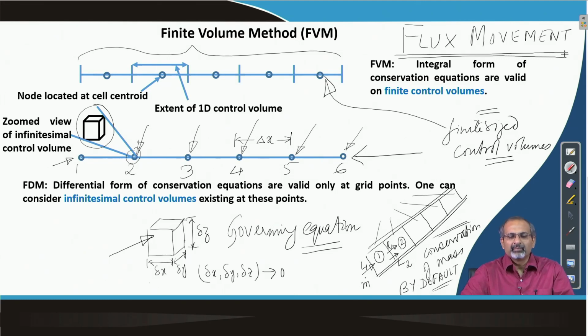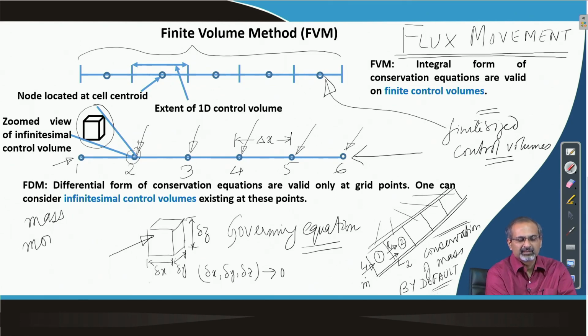And this is what makes the finite volume method a very strong method, in the sense that it is very closely and inherently connected to the conservation equations, and therefore, the physical world is much more reliably and better modeled through the finite volume technique because of this property, that it inherently takes care of conservation of certain fluxes. And again remember that it could be different types of fluxes that we could be talking about.